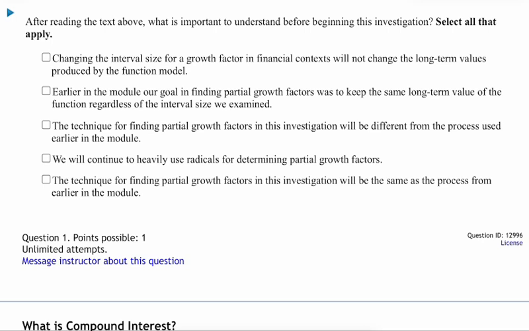So that's a yes. Earlier in the module, our goal in finding partial growth factors was to keep the same long-term value of the function regardless of the interval size we examined. That one is true. The technique for finding partial growth factors in this investigation will be different from the process earlier in the module. That is true.